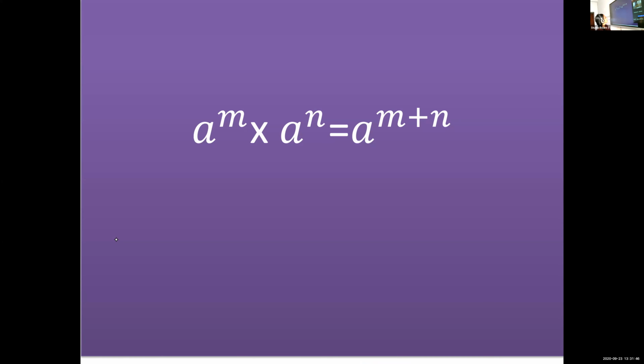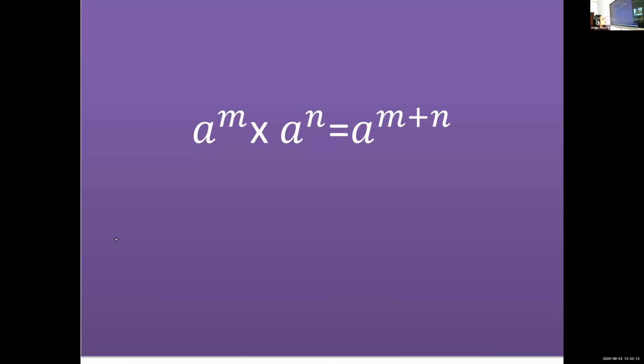a raised to m into a raised to n is equal to a raised to m plus n. Here the bases are the same, both are a, and the exponents are different. So a raised to m into a raised to n equals a raised to m plus n.